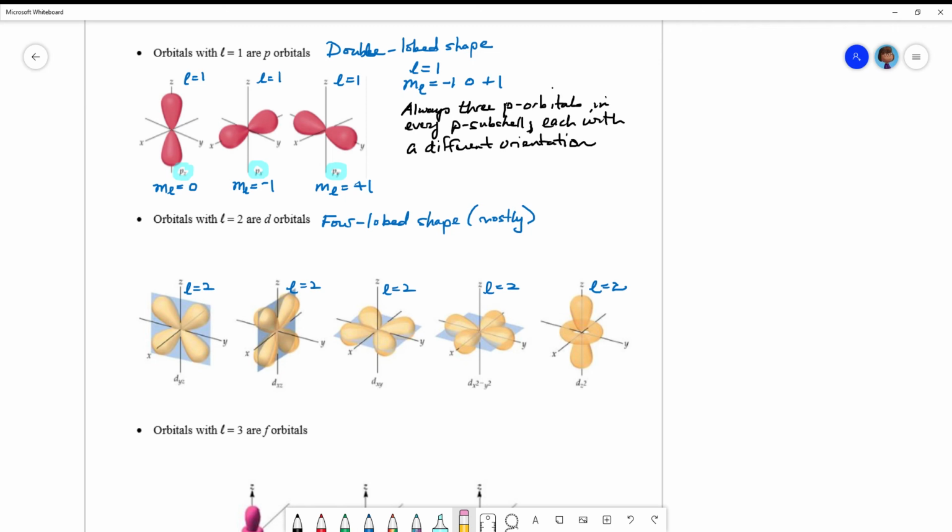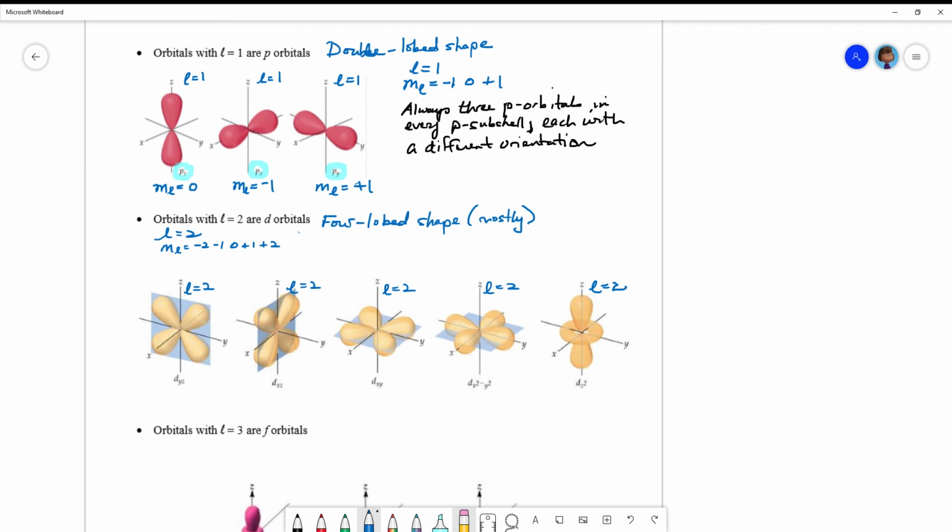Now, we know that when L is equal to 2, M sub L takes on values of -2, -1, 0, +1, and +2.